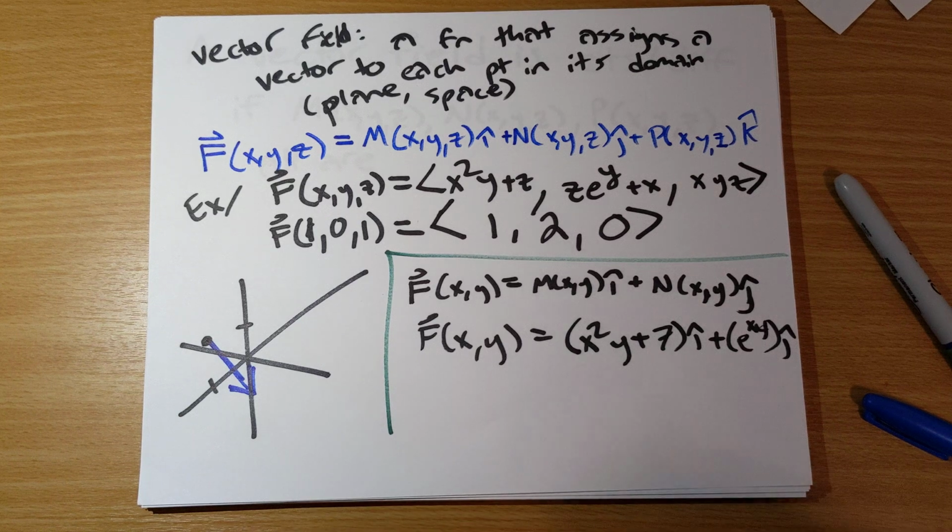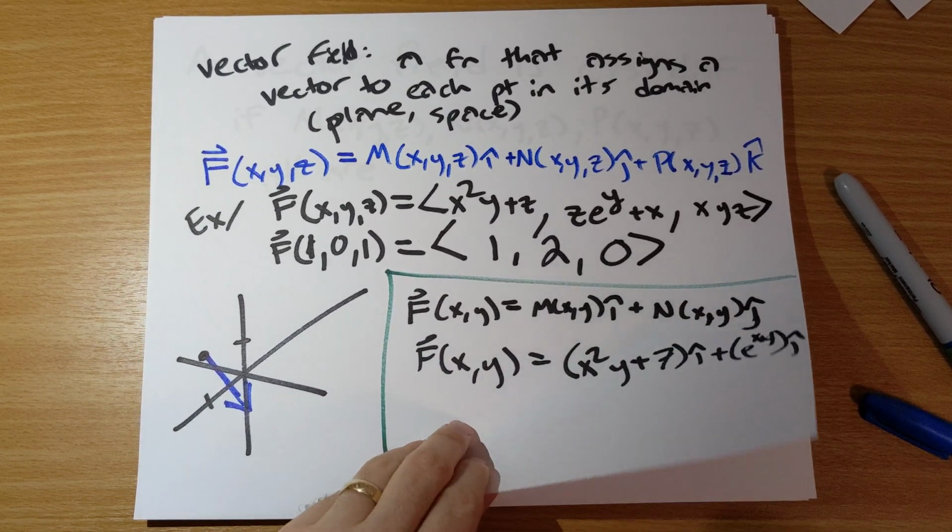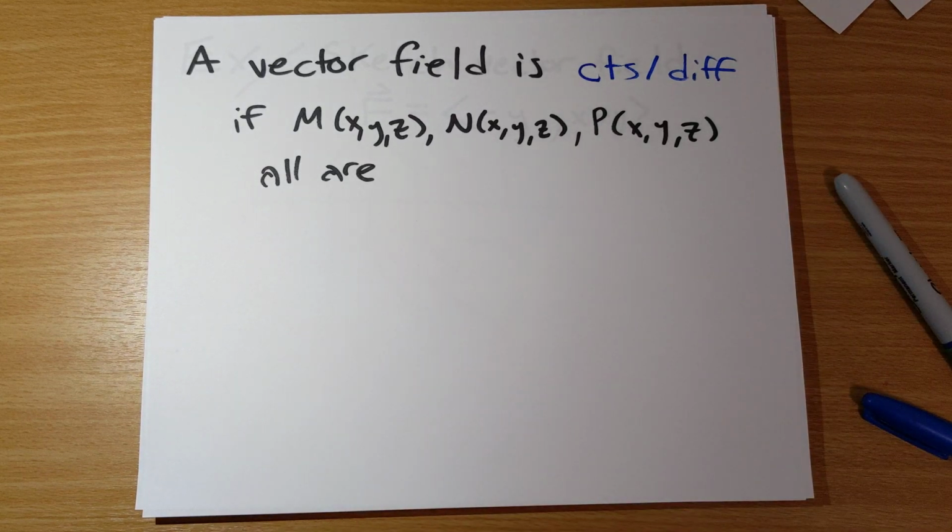In our last video, we introduced the concept of a vector field. A function assigns a vector to each point in its domain. Really quick before we draw some pictures here, sometimes we'll talk about continuous vector fields or differentiable vector fields.